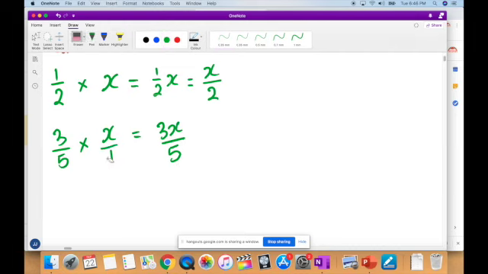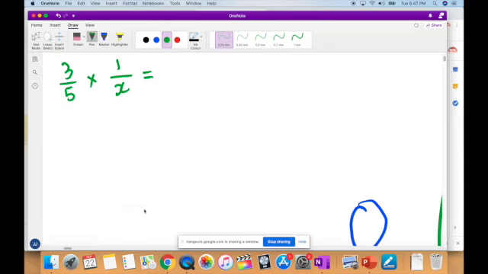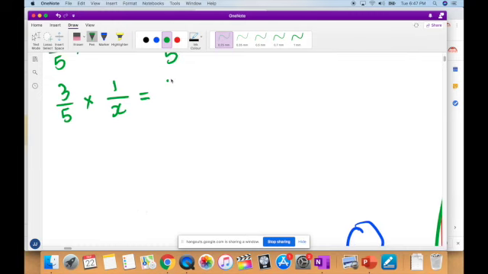Multiply your denominators and your numerators. What if I had 3 over 5 multiplied by 1 over x? What am I going to get here? 3 over 5x.